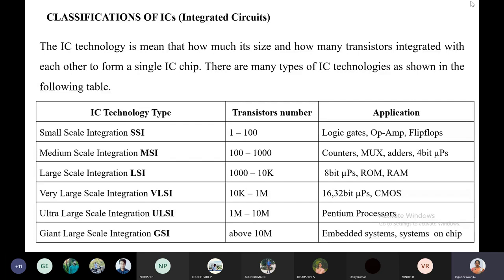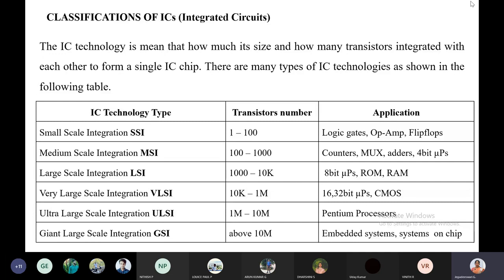Small scale integration, SSI. That is the initial one when the IC was introduced, I think in 1957. In that initial stage, they started with small scale integration, SSI.